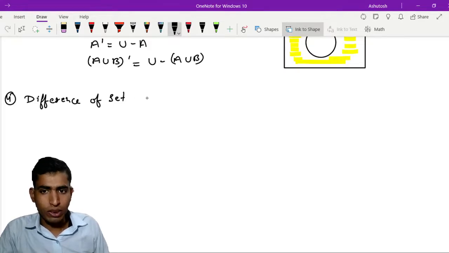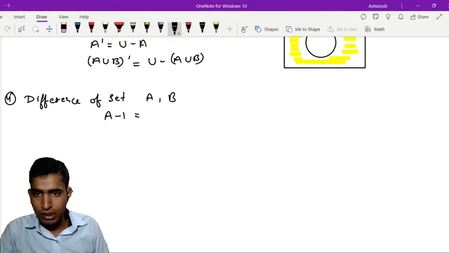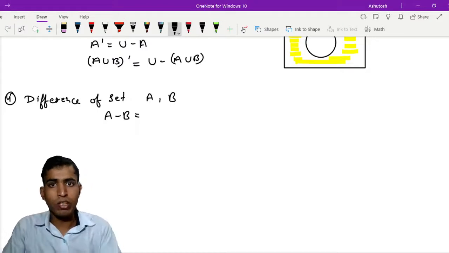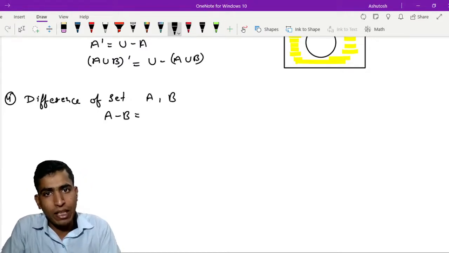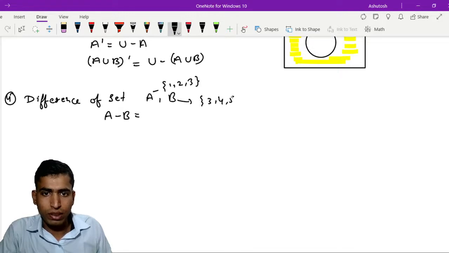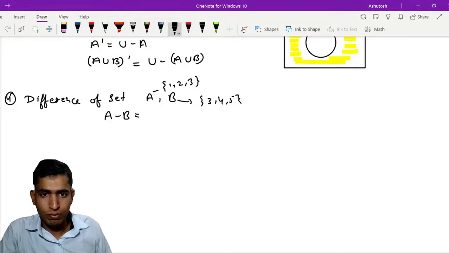If there are two sets A and B, then A minus B will consist of all the elements of A except those elements which are also present in B. Earlier, like A is 1, 2, 3 and this is 3, 4, 5. Let me confirm from the data given above.